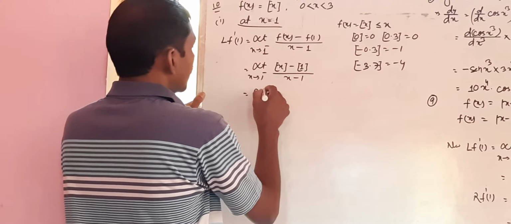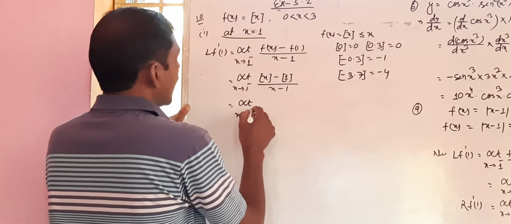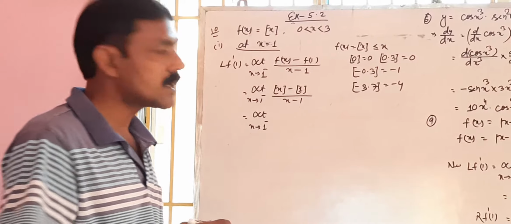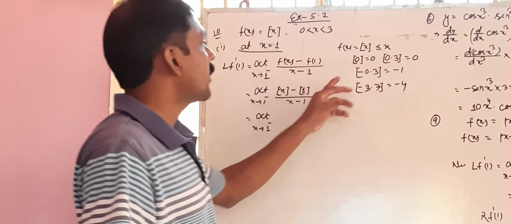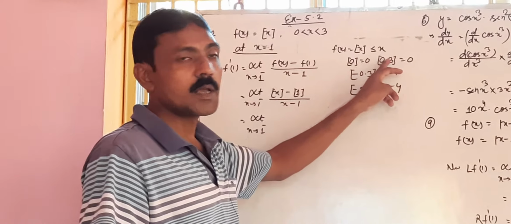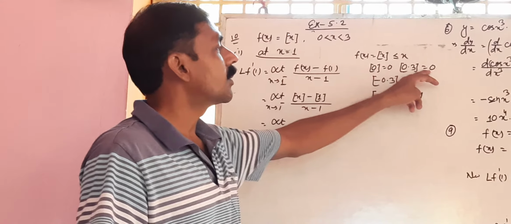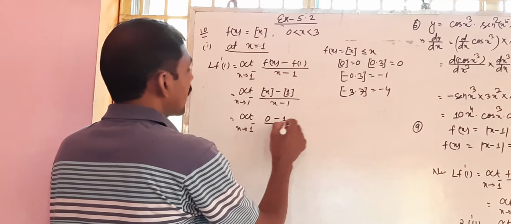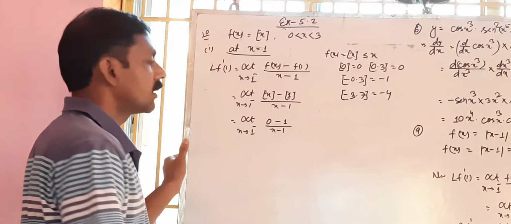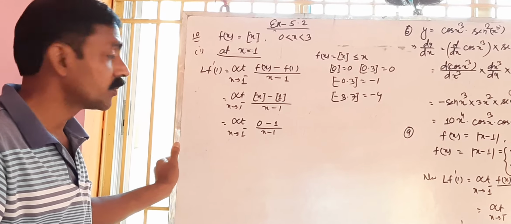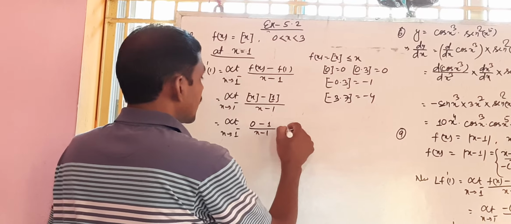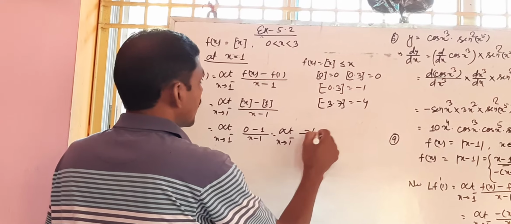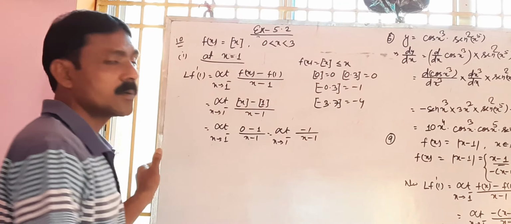So this equals limit x tends to 1 minus. 1 minus means less than 1, so it is of the form 0 point something, and for 0 point something the bracketed value is 0. You can write it as 0 minus 1 by x minus 1. So this is limit x tends to 1 minus of minus 1 by x minus 1.